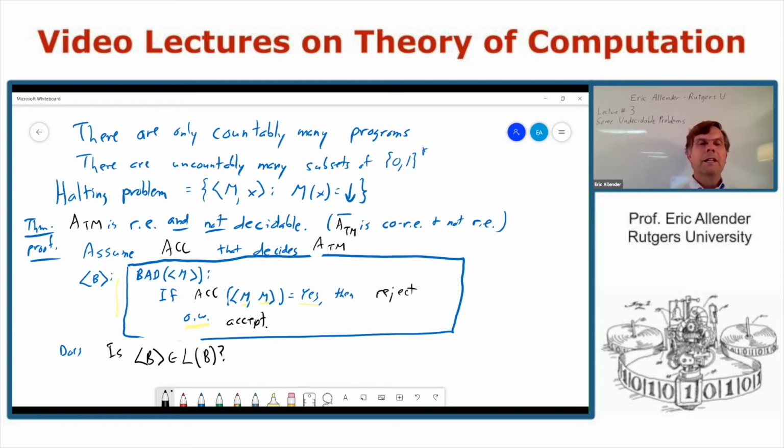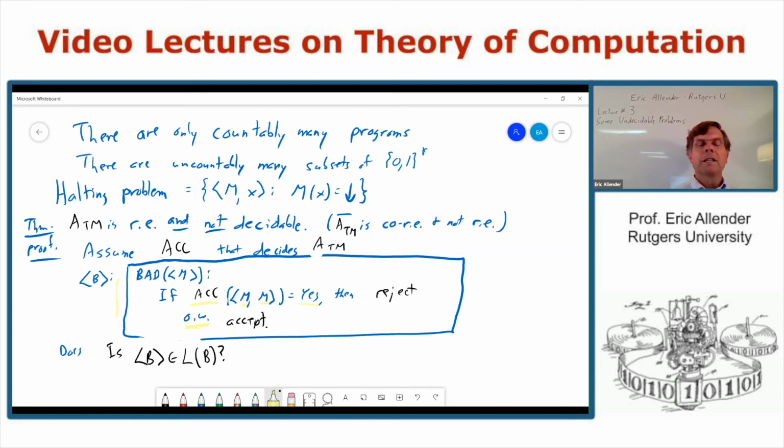Well, what do you think? If it is, then our subroutine AX is going to say, yes, this program that we're looking at, B, accepts if we run it on input B, and in that case we reject. So if it is accepted, it's rejected, so that can't happen.